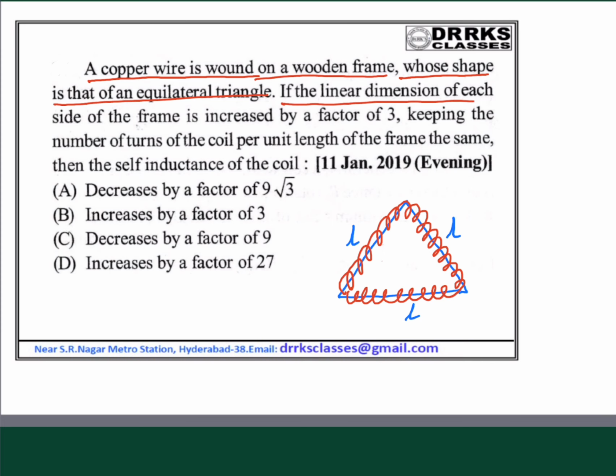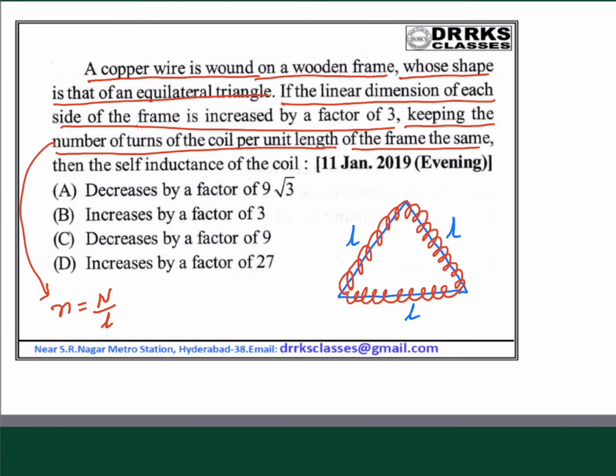If the linear dimension of each side of the frame is increased by a factor of 3, keeping the number of turns per unit length, this is turn density, small n, constant, then find the self-inductance of the new coil. Just see, the side of this equilateral triangle is L.